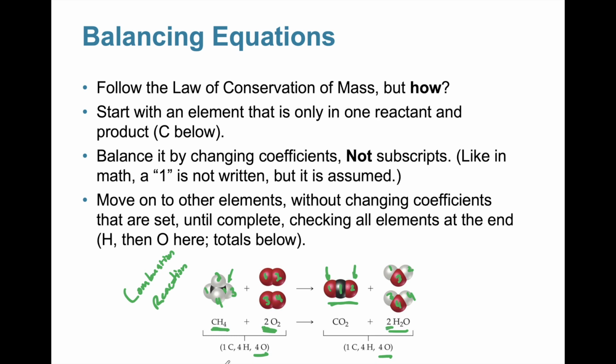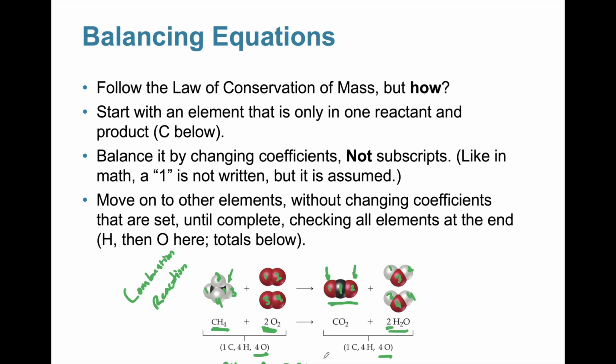If we had just done CH4 plus O2 to give us CO2 plus water and not have the coefficients there, we wouldn't have enough oxygen to make sure that both sides are balanced.